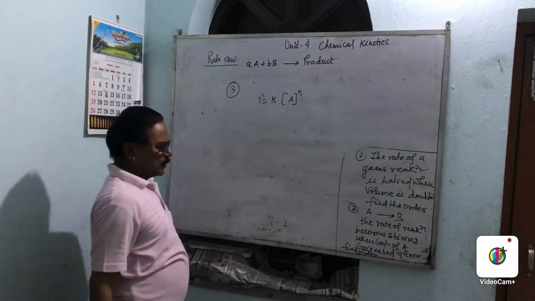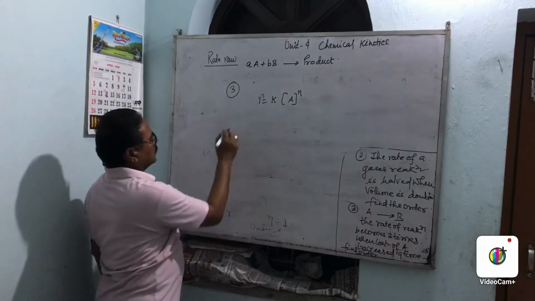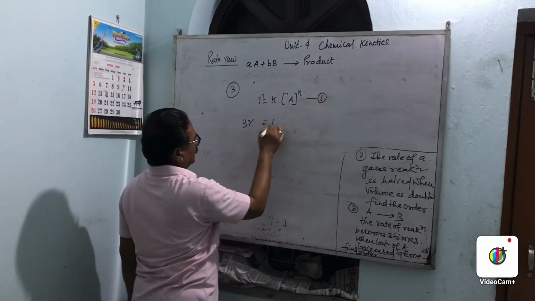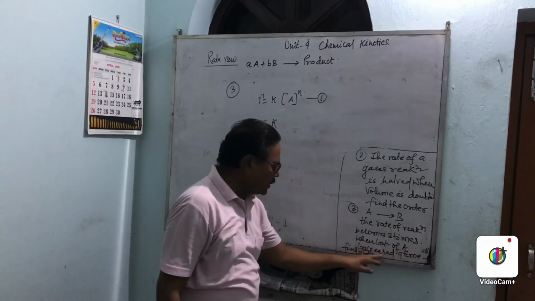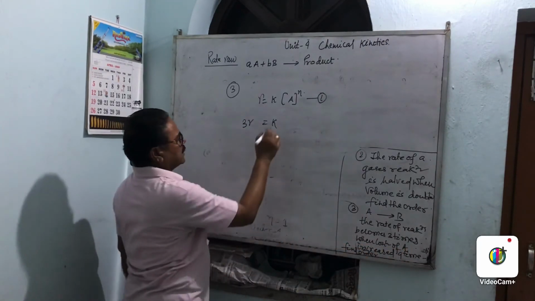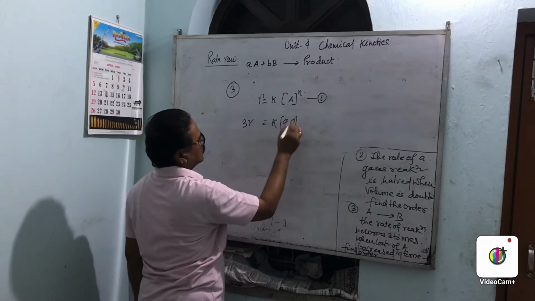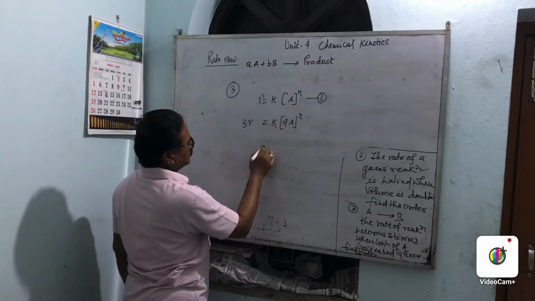The rate of a reaction becomes 3 times, so 3 times R, and the concentration of A is increased 9 times, 9 of A. Is it clear?